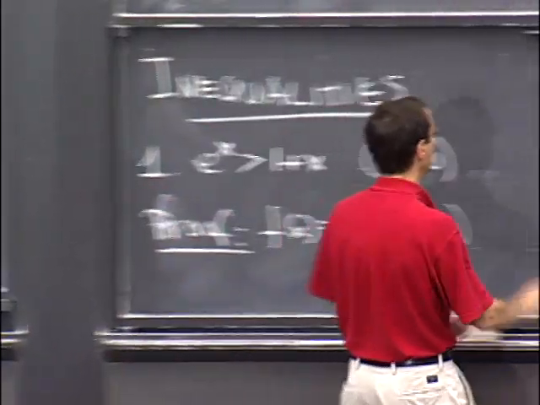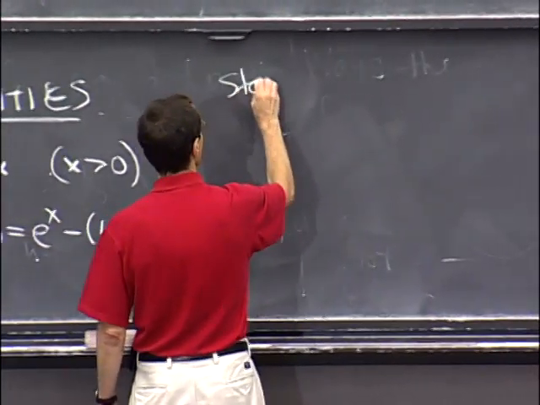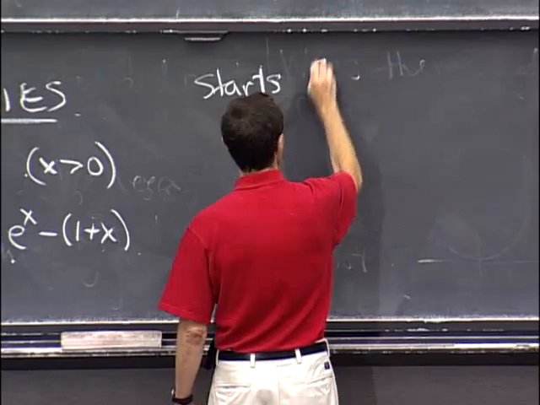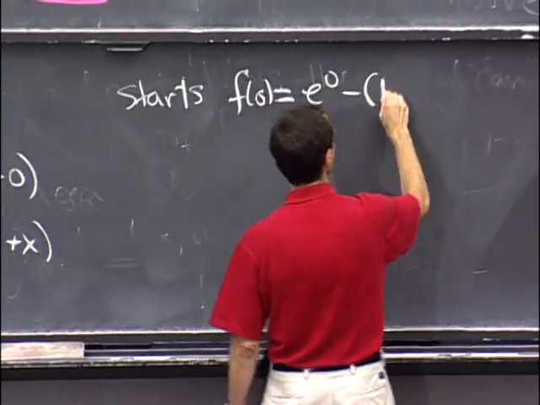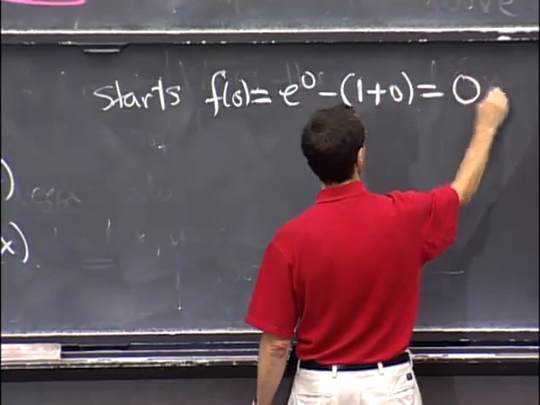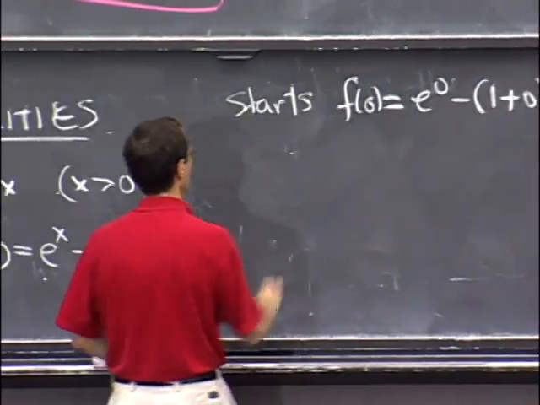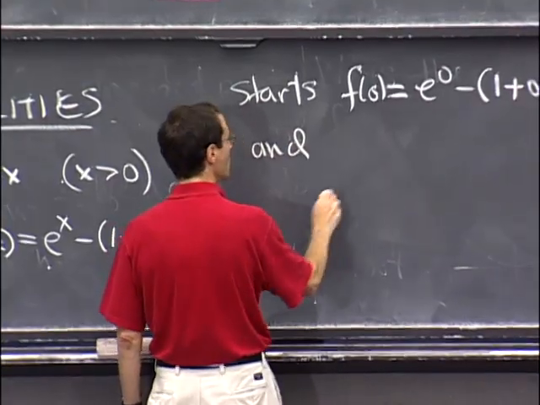I observe that it starts at f of 0 equal to, well, that's e to the 0 minus (1 plus 0), which is 0. And it keeps on going.